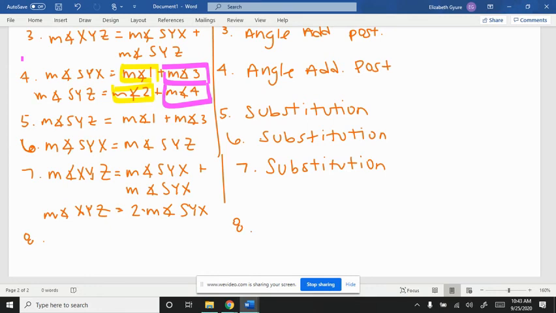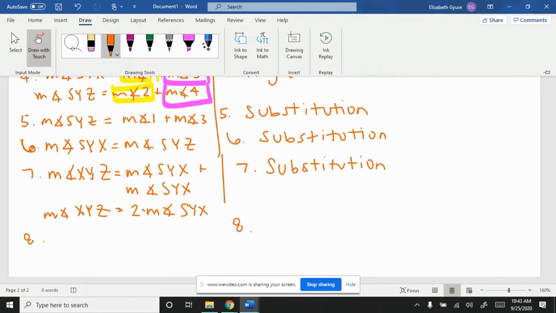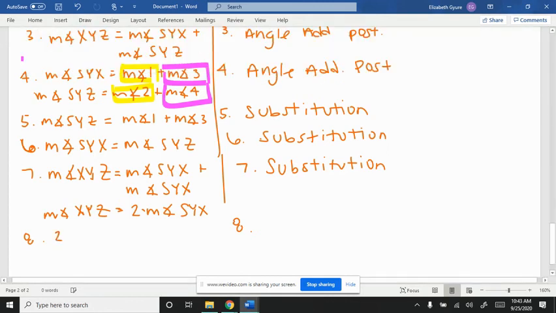Now, why do that? Well, doesn't that equal 180? Yep. So I'm going to say that 2 times the measure of angle SYX equals 180. That's again substitution.